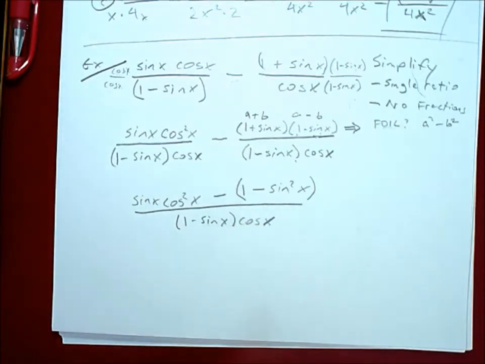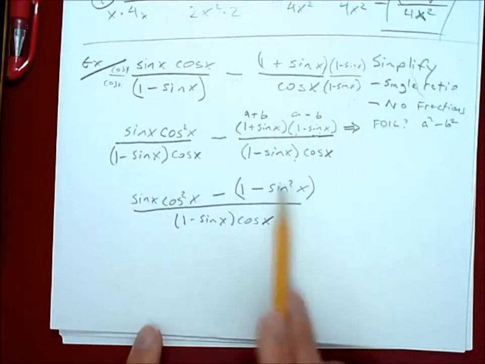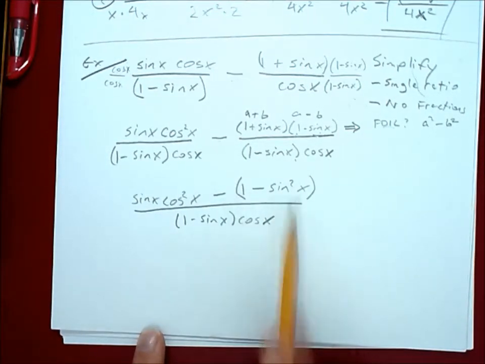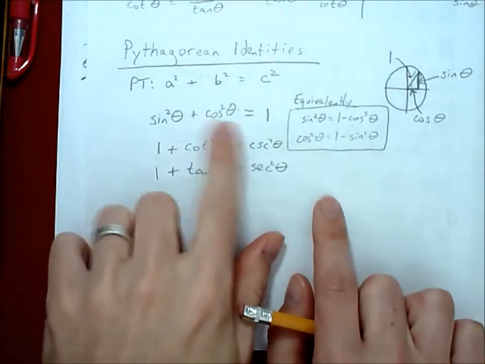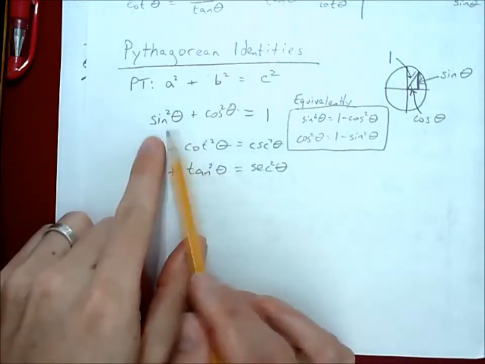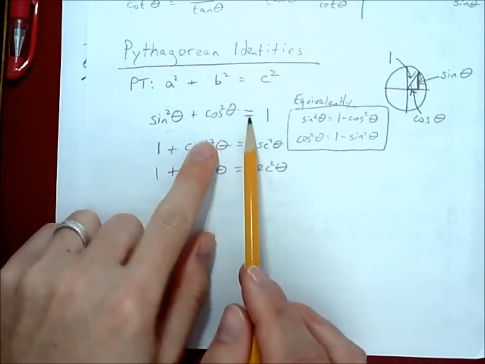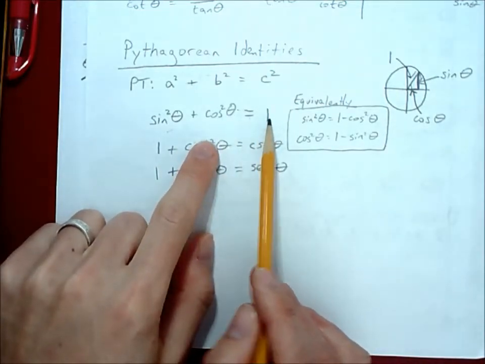So the first thing I notice when I look at this is this sine squared and this 1, and they're subtracted. And that reminds me of one of those identities that we talked about last class. The one where there's stuff squared and stuff added together. It is. And so this goes back to this Pythagorean identity. Sine squared plus cosine squared equals 1.